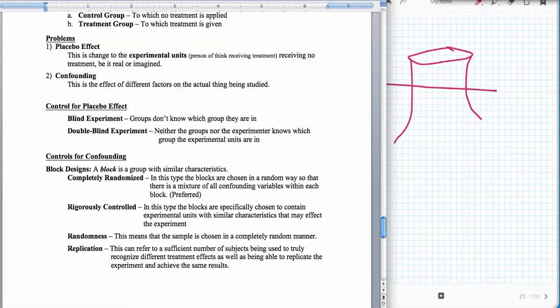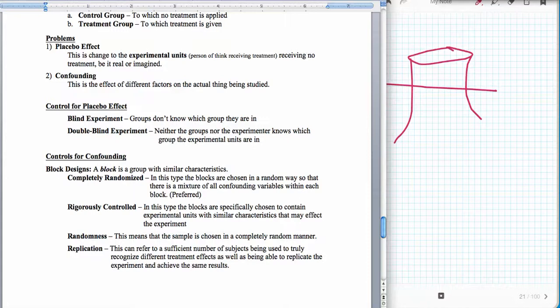Now, randomness, we know what that means, right? And randomness will certainly help control confounding because, again, if you're doing something in a truly random manner, then you should be assigning subpopulations, confounding elements equally to all treatment or control groups.